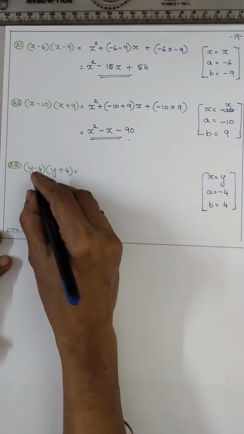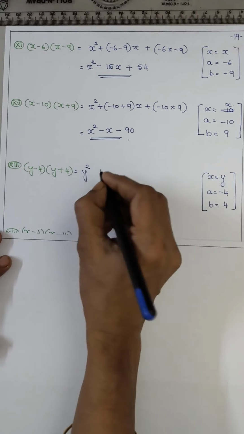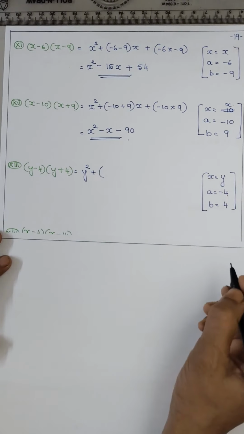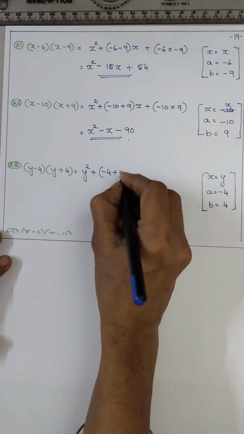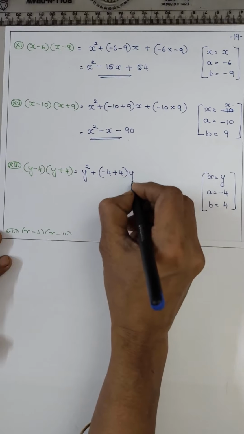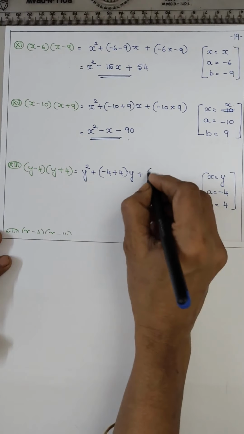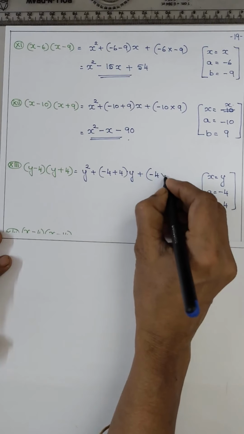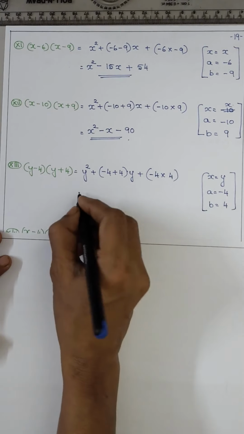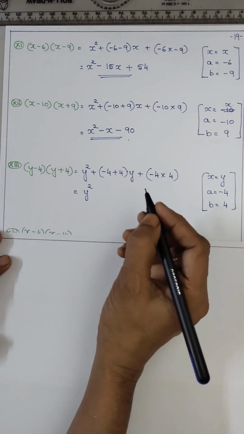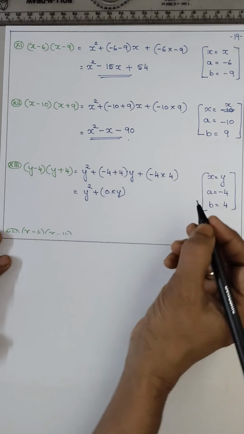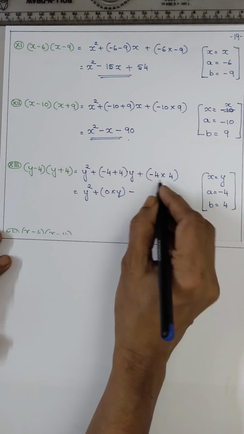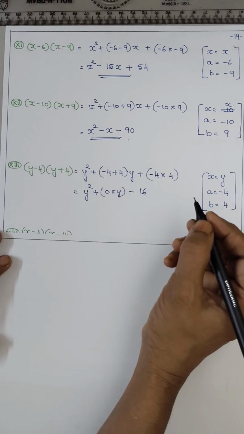Now x squared, that is y squared, plus a plus b, minus 4 plus 4, into x, that is y, plus a into b, that is y squared plus 0 into y, plus minus, 4 fours are 16.